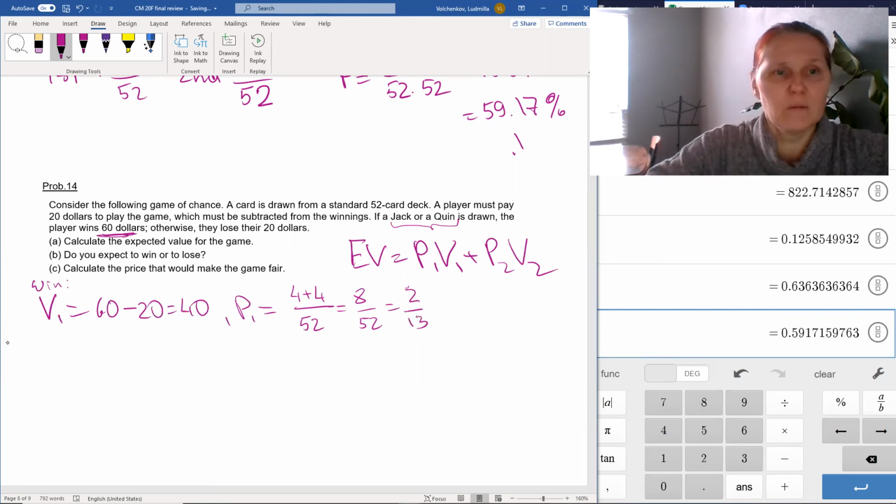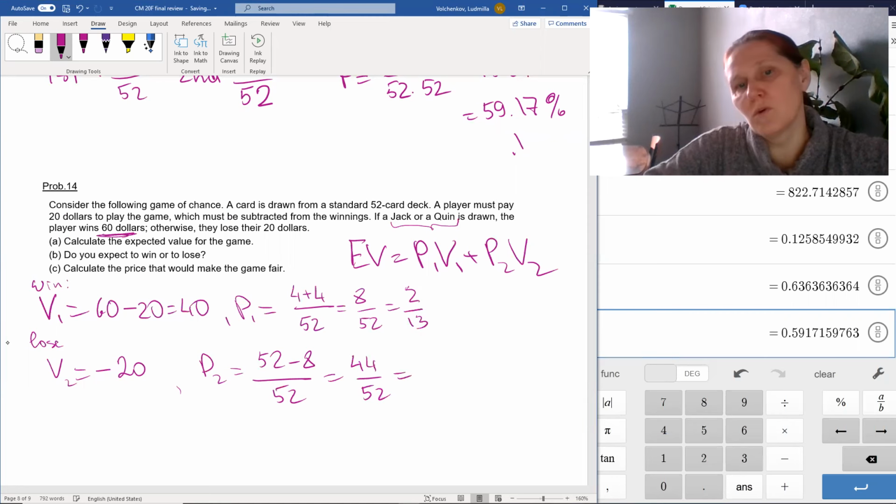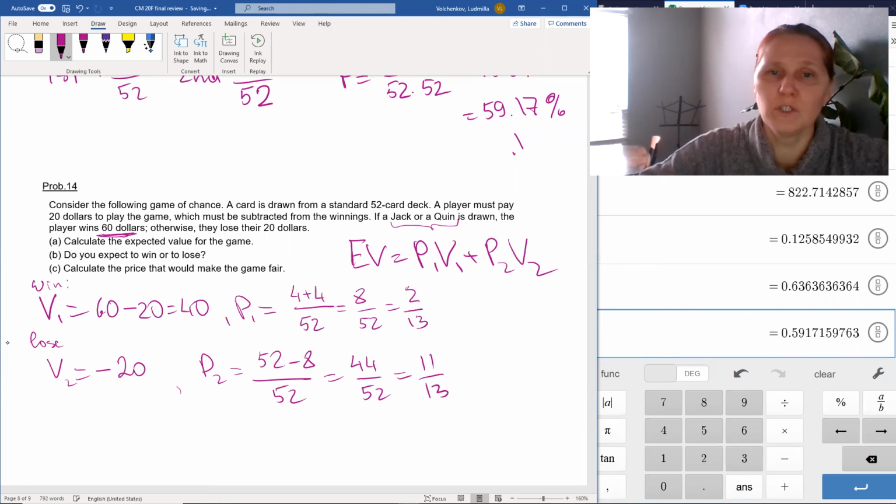The second outcome is losing. The associated value is -20, you lose $20. The probability of losing is the rest of the cards. So if it is not jack and not queen, 52 minus 8 winning outcomes divided by 52. So 44 over 52, or you can simplify dividing by 4, 11 over 13.